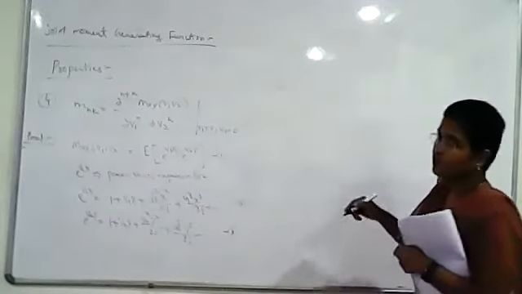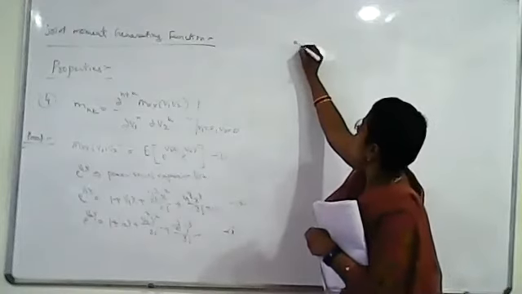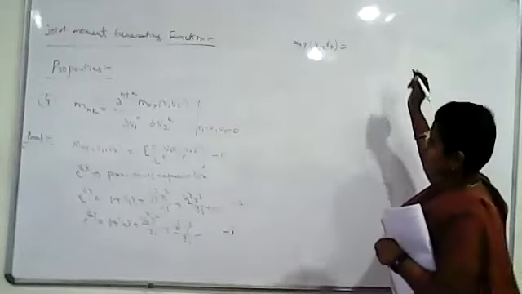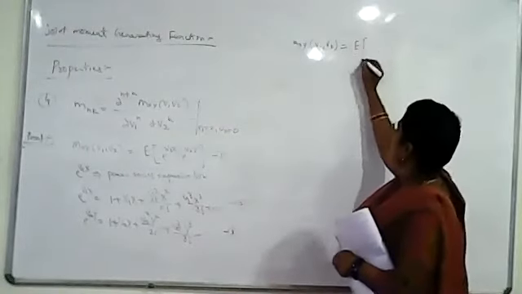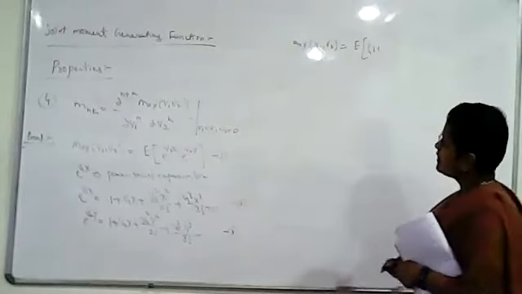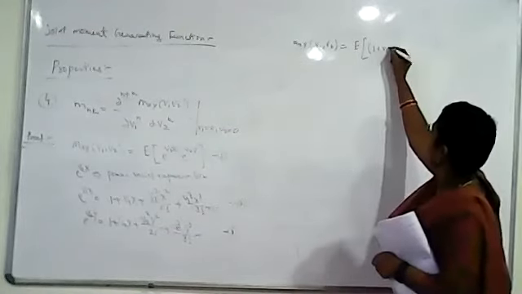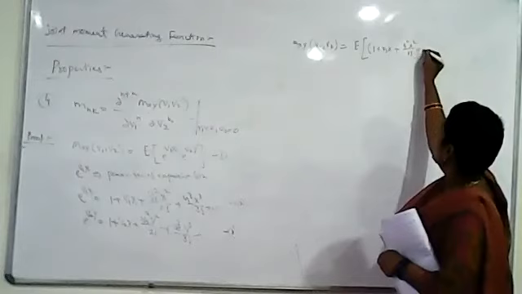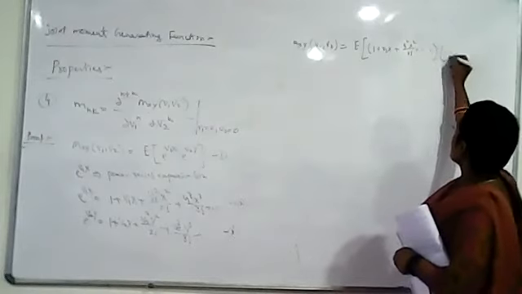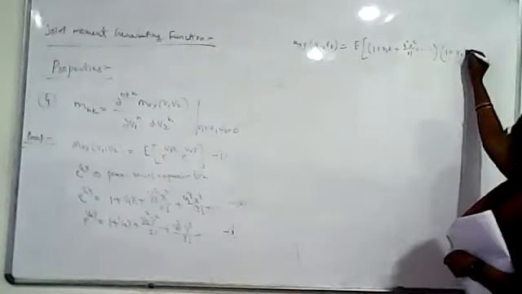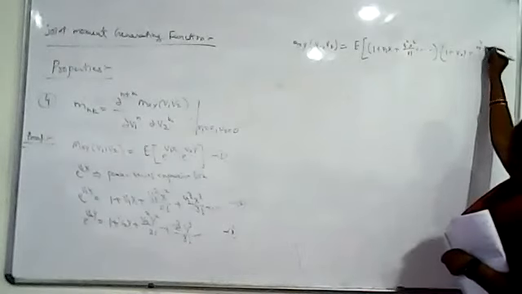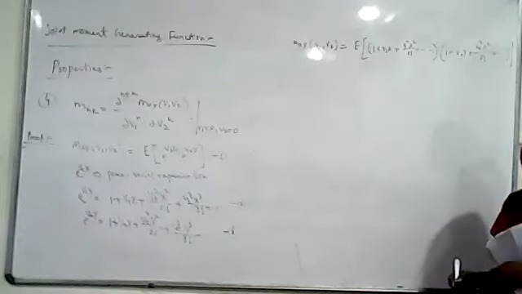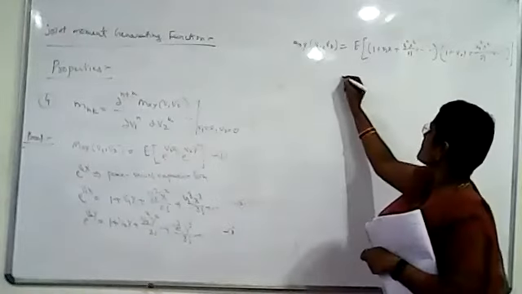The moment generating function M_XY(v1, v2) can be written as the expected value of: e power v1x, which is 1 plus v1x plus v1 square x square by 2 factorial and so on, and similarly e power v2y, which is 1 plus v2y plus v2 square y square by 2 factorial and so on. Now we'll multiply these two terms.